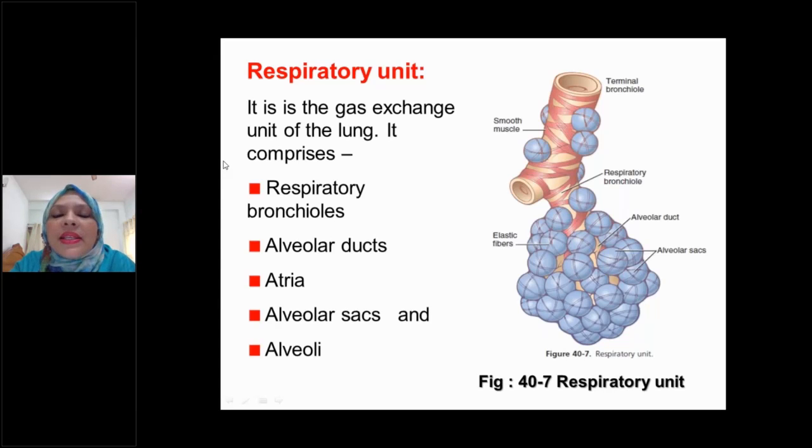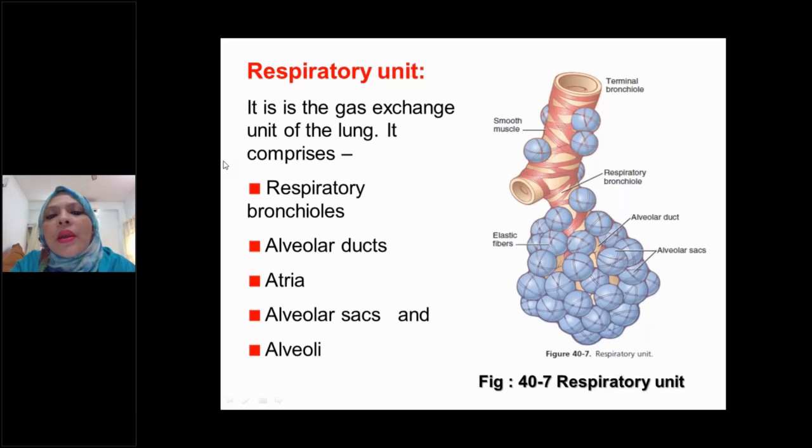We can divide the respiratory passage into two parts, upper respiratory tract and lower respiratory tract. The upper respiratory tract extends from the nose to the vocal cord, and the lower respiratory tract from the vocal cord, that is the larynx, up to the alveoli of the lungs.